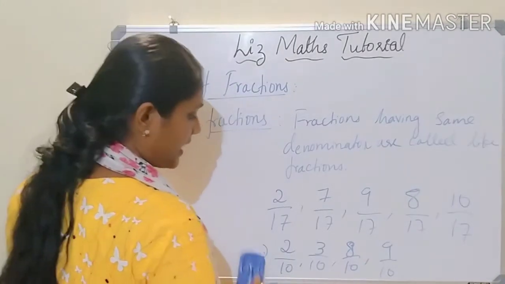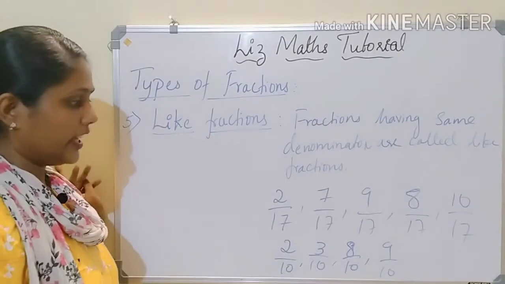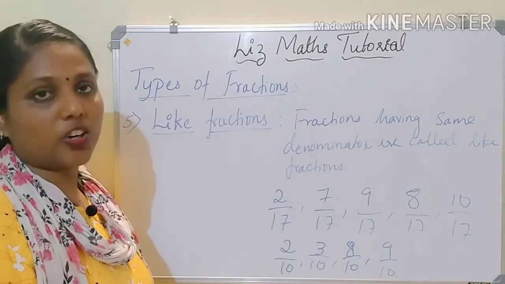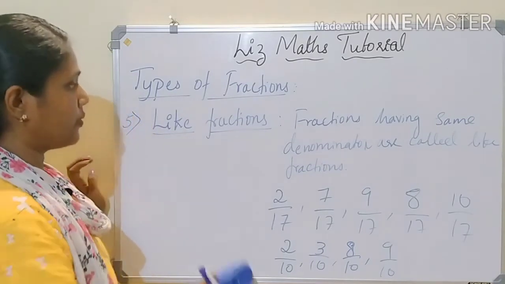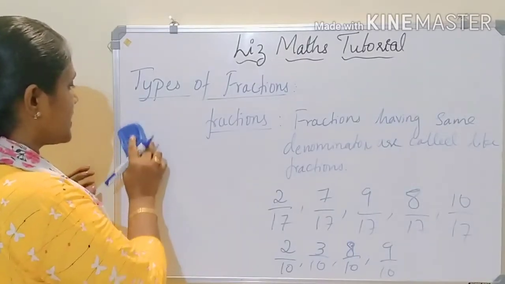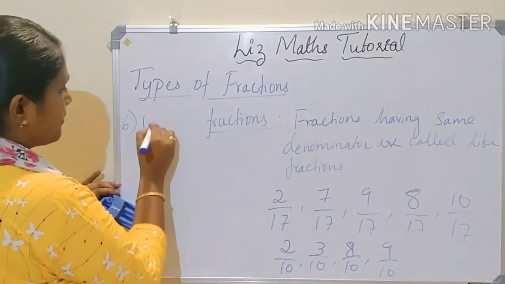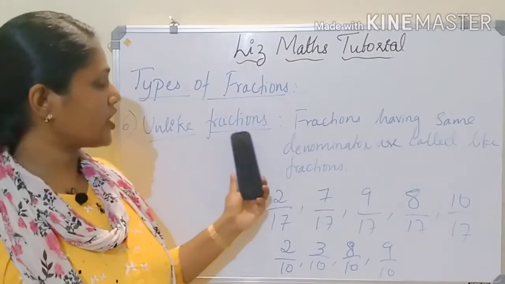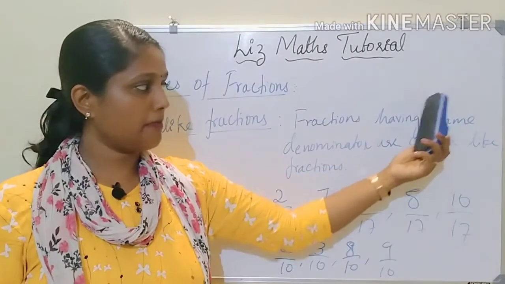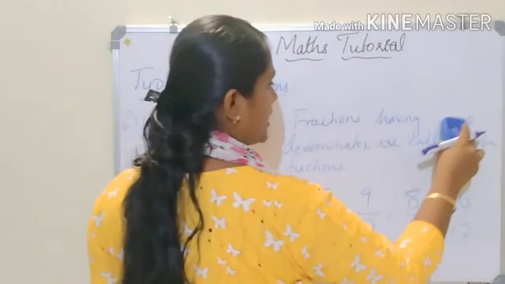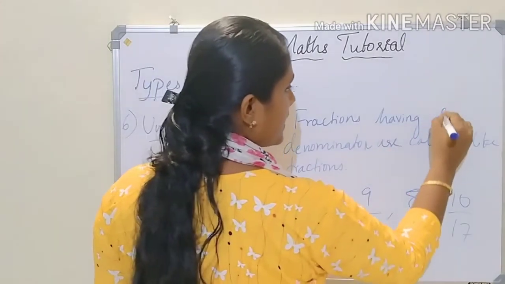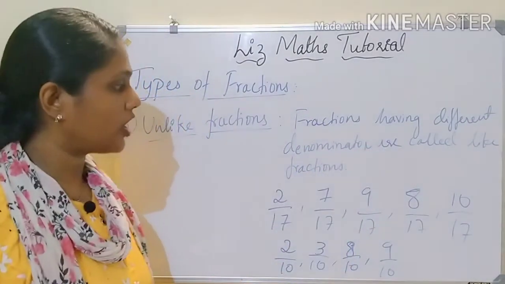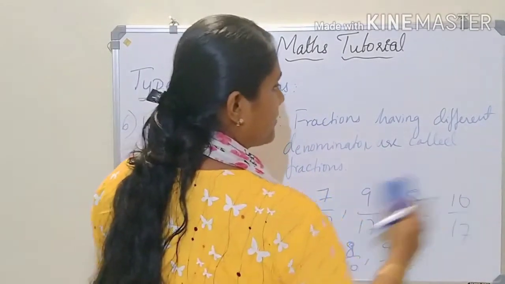When the denominators are different, what do we call it? If it is the same, we call it like fractions. When it is different, we call it unlike fractions. The sixth one is unlike fractions. Fractions having different denominators are called unlike fractions.